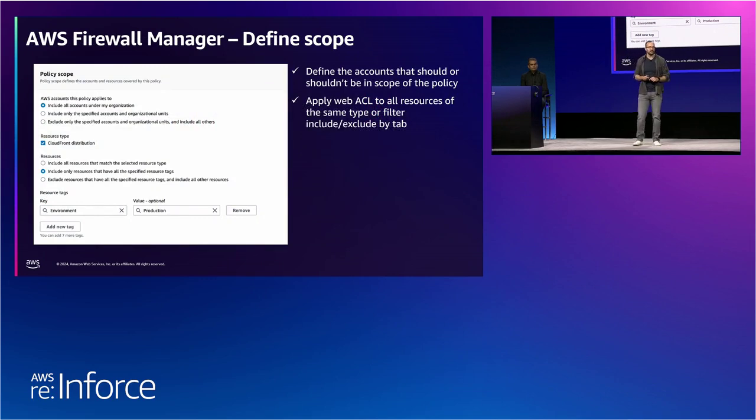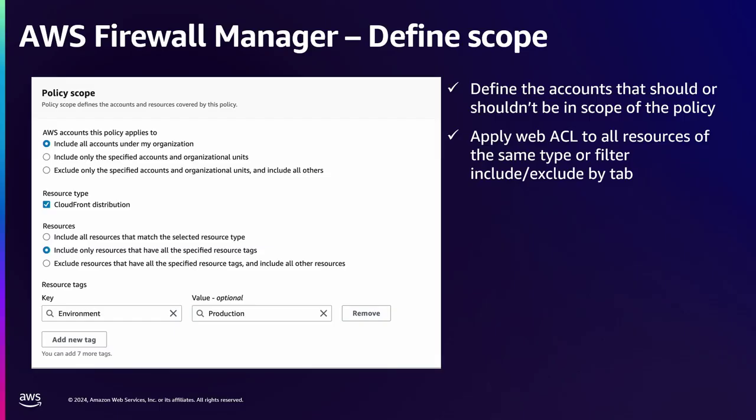Here we have a policy within Firewall Manager where we want to push a specific web application firewall policy onto different CloudFront distributions. So we have WAF already deployed in CloudFront across different accounts in our organization. And we just want to make sure that the policy is the same one that we've created in a central account.